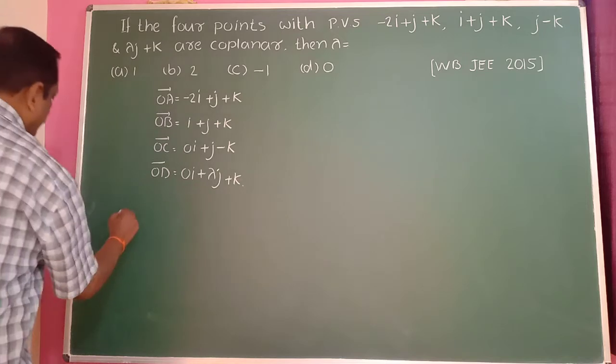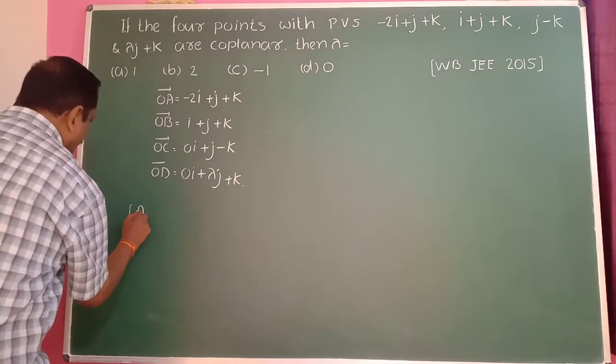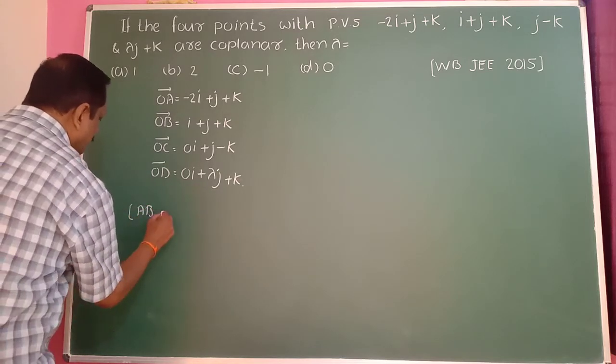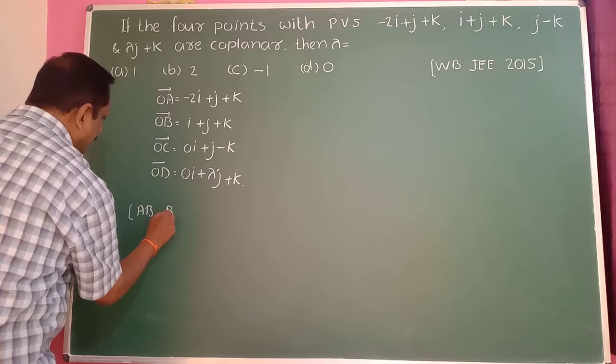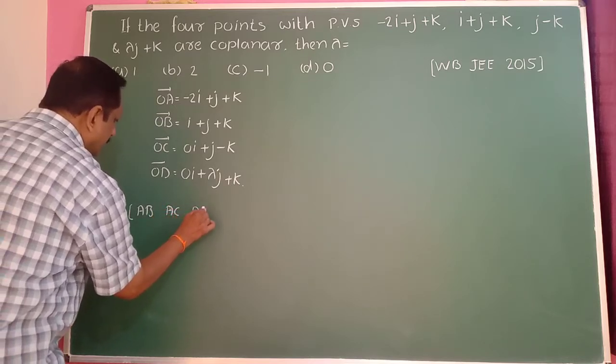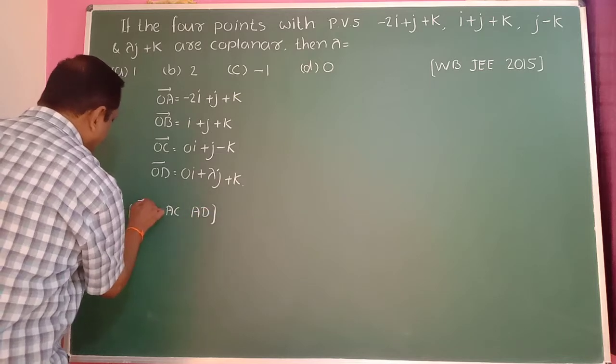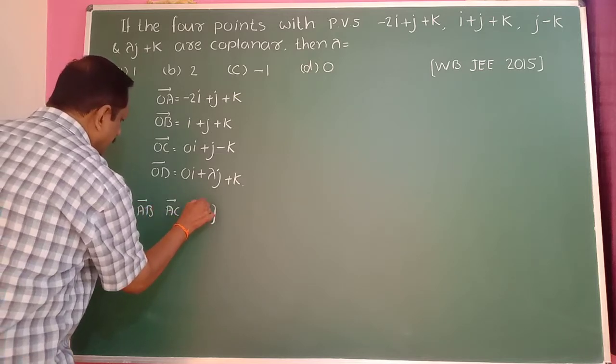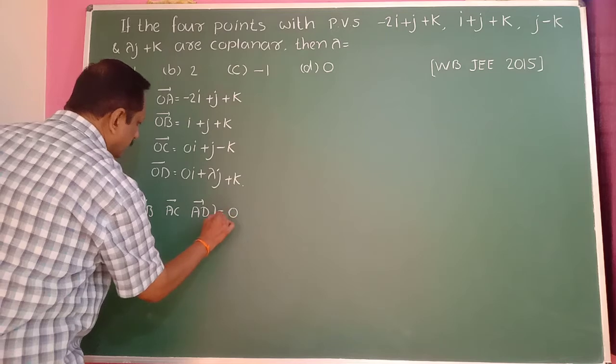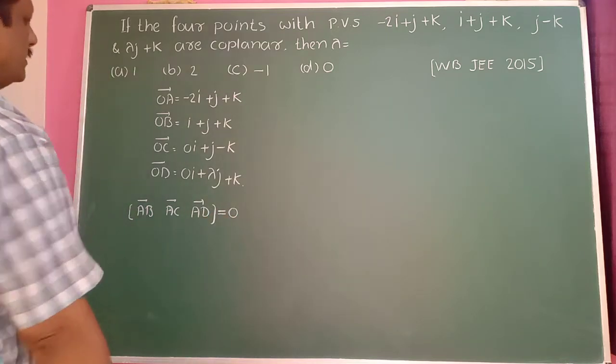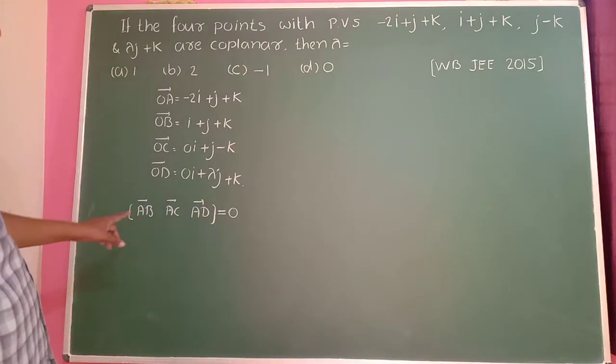Therefore, here the points are coplanar, so the scalar triple product of AB, AC, AD is equal to 0. Hence AB, AC and AD are coplanar.